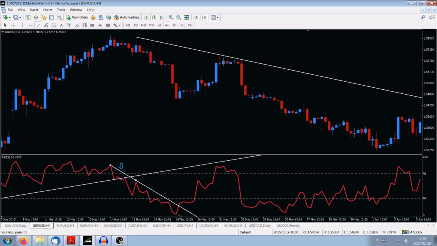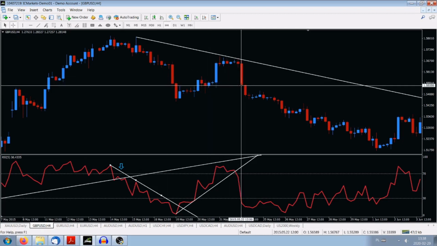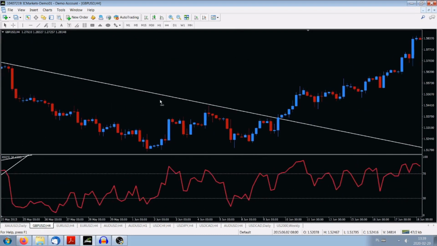Then you got another uptrend here on the indicator, and as soon as the price crosses below, again you sell after this signal, after this long candle. Here is the signal candle, so you sell here, with stop loss 170 pips, and all the way down 347.8 pips is your take profit.